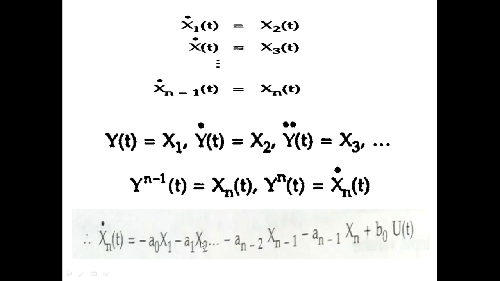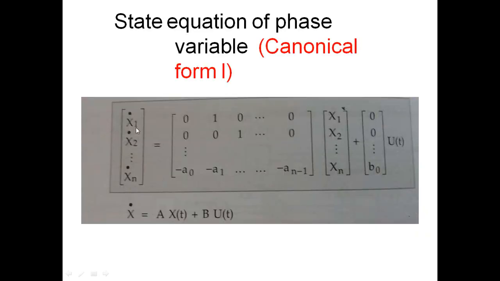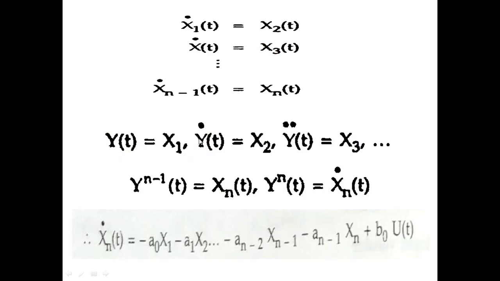So the equation will be x1 dash of t, x2 dash of t, till xn dash of t, equal to the following. In x1 dash of t, what do we have? That is x2 of t. Means we don't have x1, x3, x4 till xn.